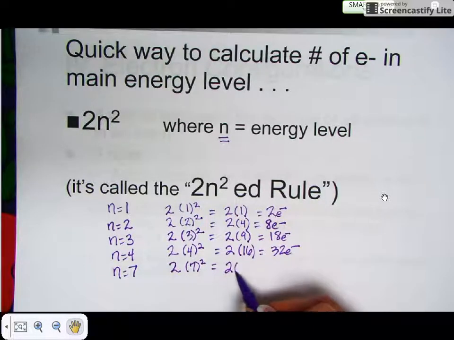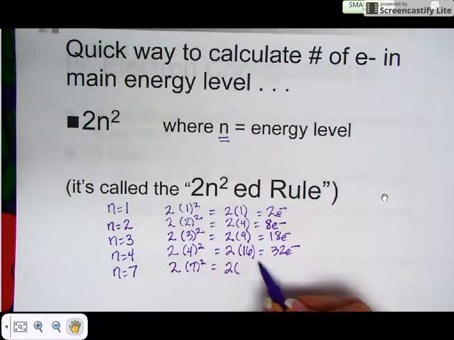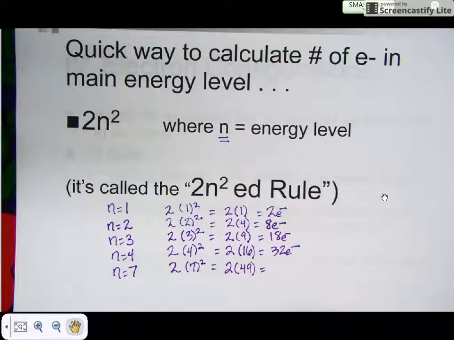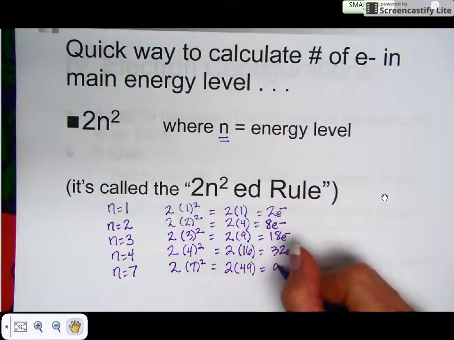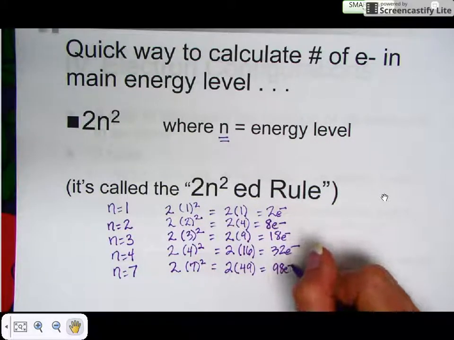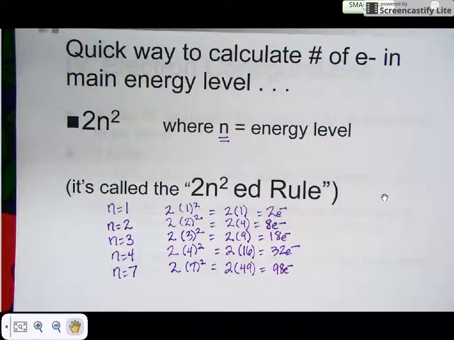So 2 times, what's 7 squared? 49, that's right. 2 times 49 will give you a total of 98 electrons can fit in the 7th energy level.